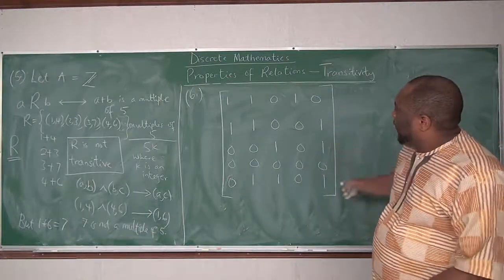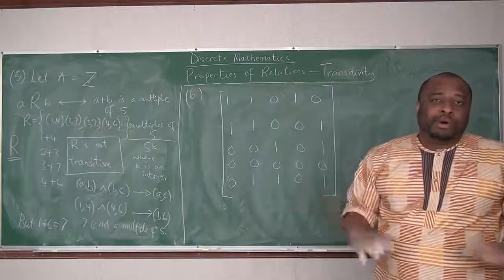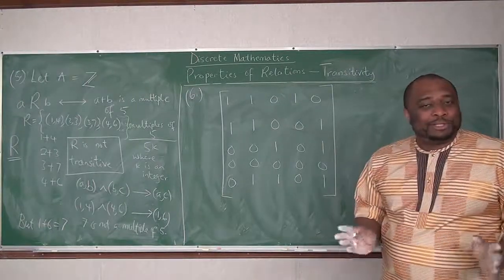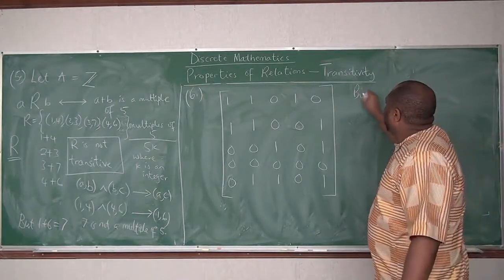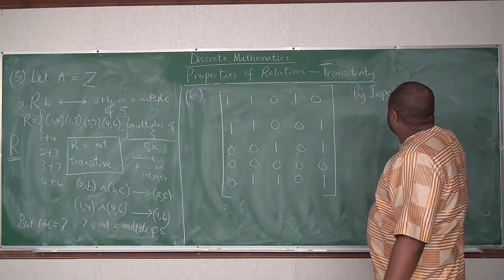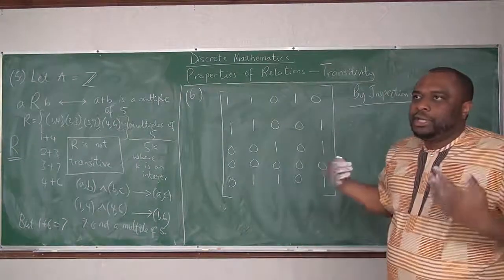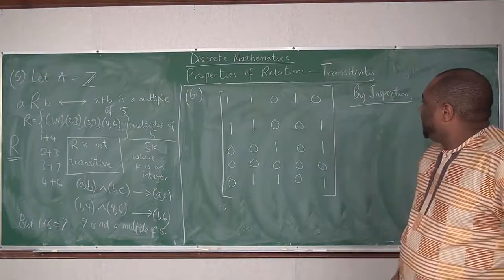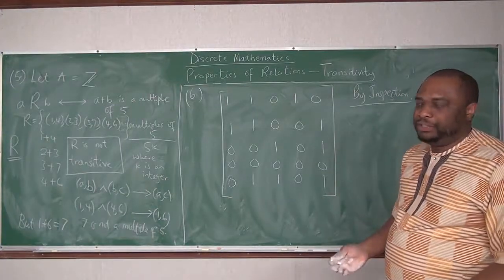If I have to multiply this 5 by 5 matrix, I will have to erase the whole board. So, if your professor wants you to show your work, maybe you do it by inspection. Now, if you don't mind multiplying, then good luck. I can multiply it, you just have to be careful, because you have a 5 by 5 matrix. So you can just do it by inspection rather than by multiplication.